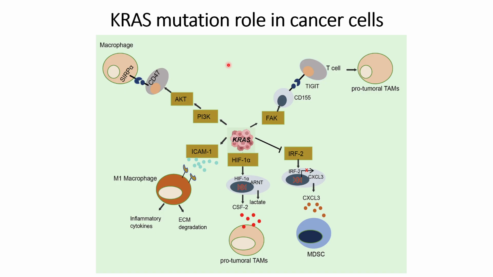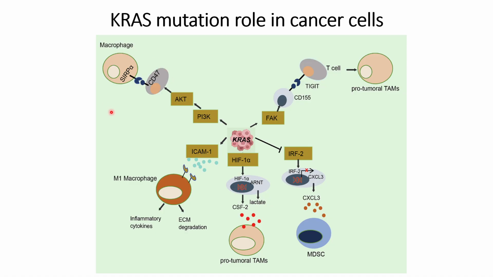There we discussed that if these interactions are suppressed, then macrophages will not convert to M2 type macrophages, and thereafter they will not inhibit the activation of the T cells.